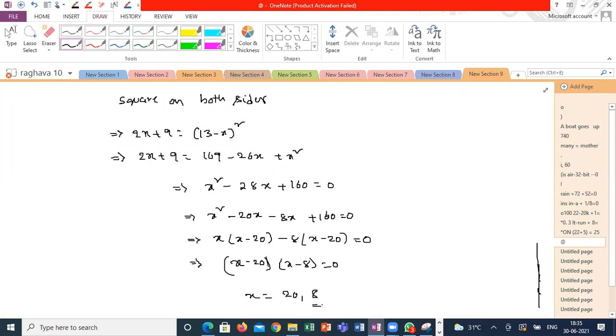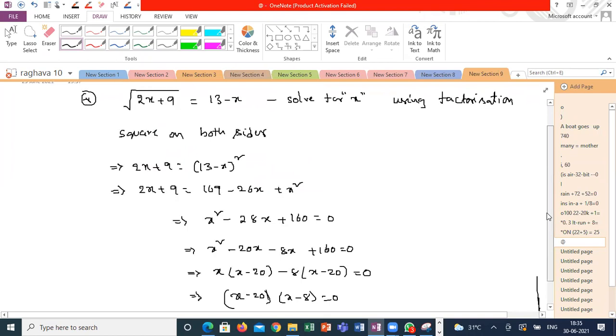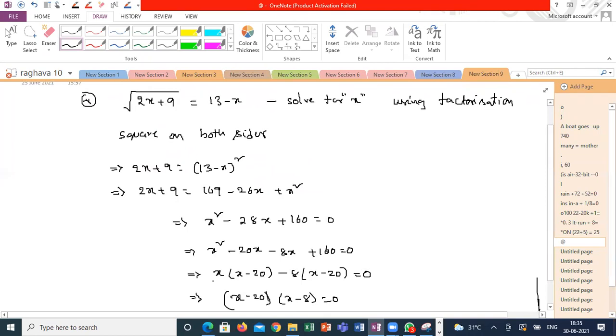Whenever you are doing this kind of question, one thing you have to keep in mind. You are doing a square operation here. Check why both the values were x is equal to 20 or 8. Substitute 20 in the given question, substitute 8 in the given question.